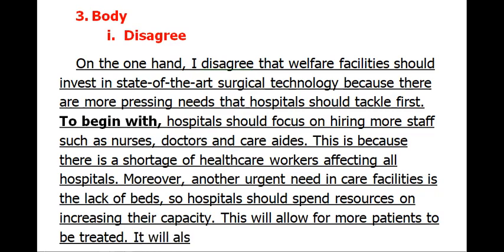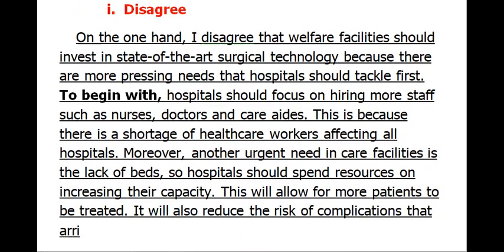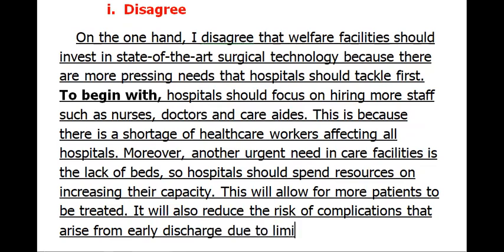It will also reduce, this is our developing sentence 2, the risk of complications that arise from early discharge due to limited bed numbers.